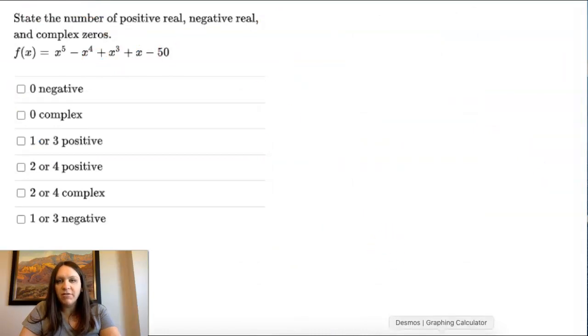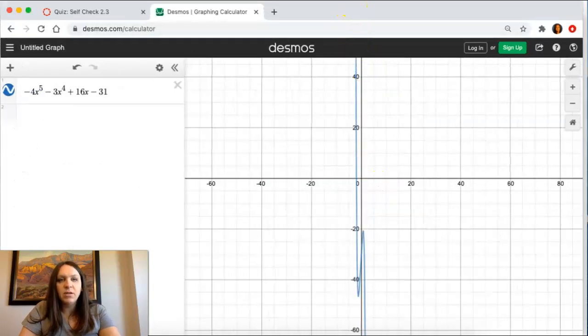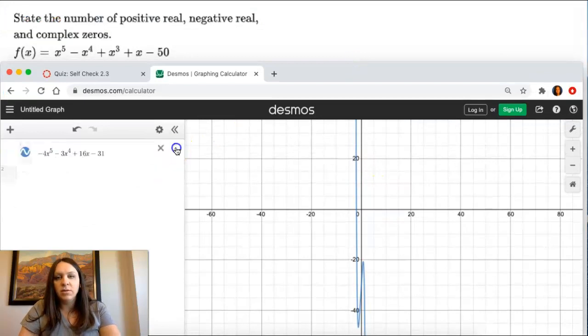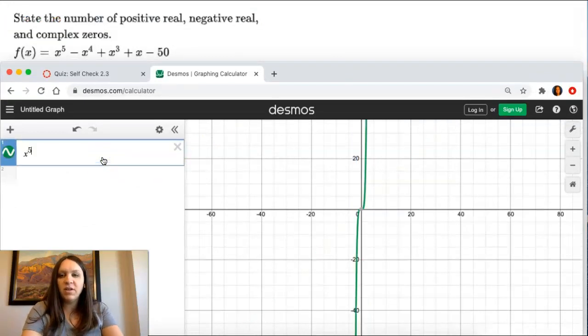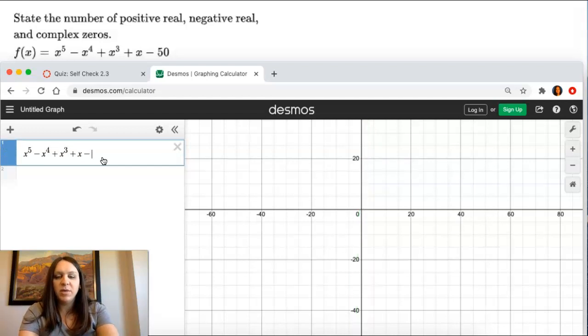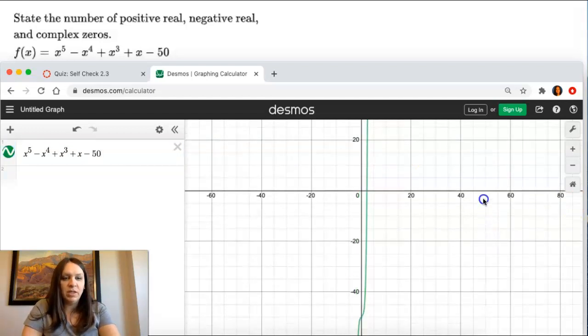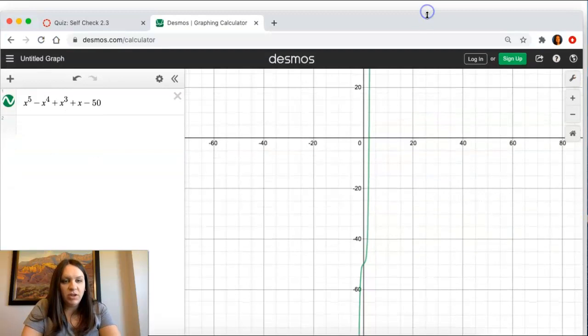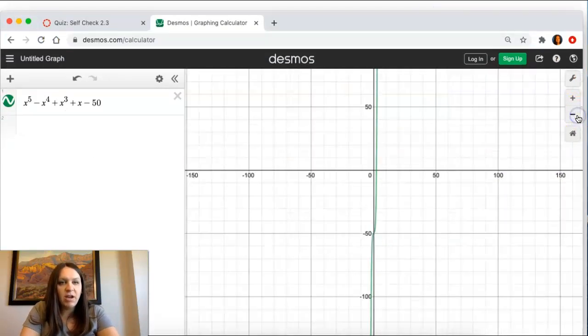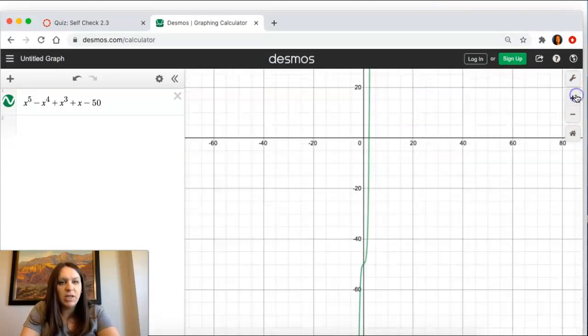Again, I'm going to graph these and look at them. So I have x to the 5th minus x to the 4th plus x to the 3rd plus x minus 50. And you can look at the graph if you want to zoom out or zoom in.